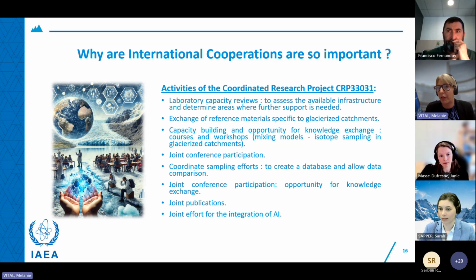The IAEA provides courses, training and workshops on isotope hydrology, but through the coordinated research project, laboratories can also provide training to other laboratories. We will also have joint conference participation and a coordinated sampling effort to create a database and allow data comparison. It is also a great opportunity to publish together and to have reference information to compare our data.